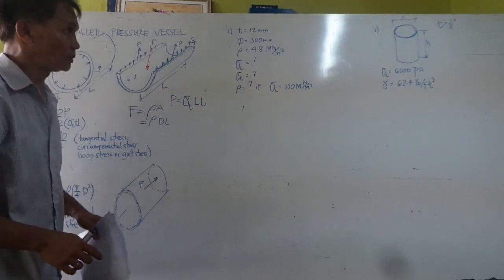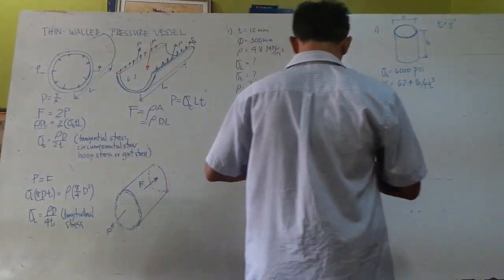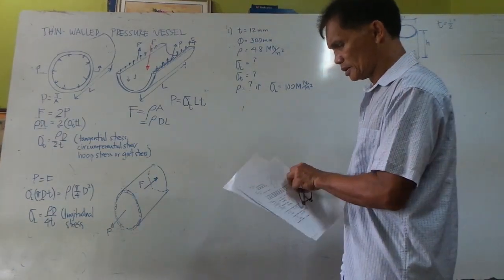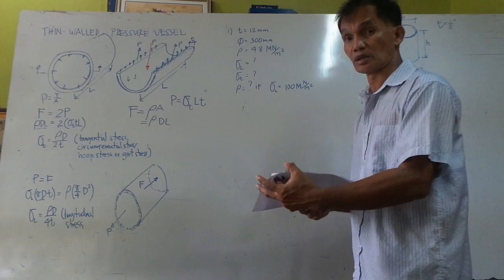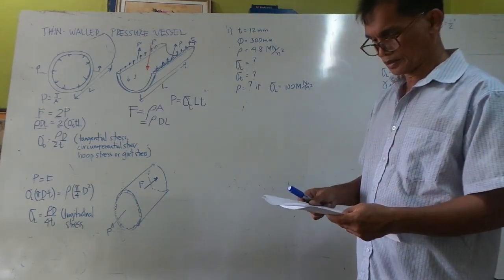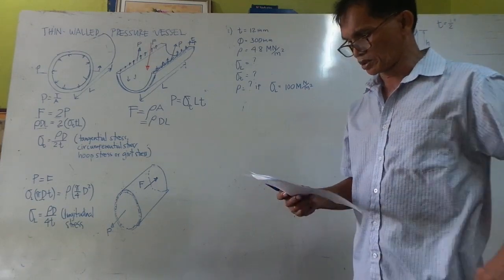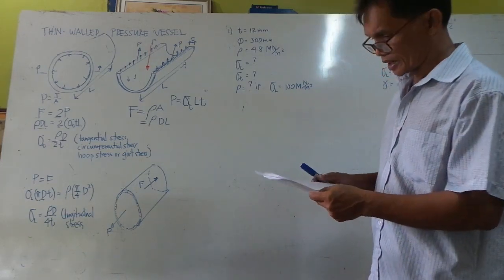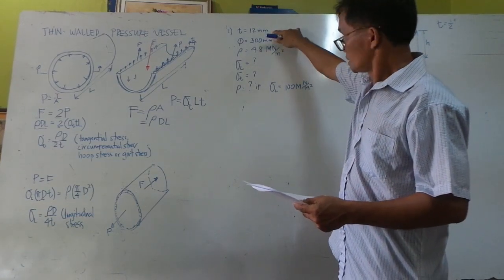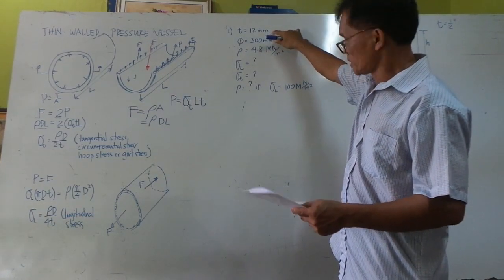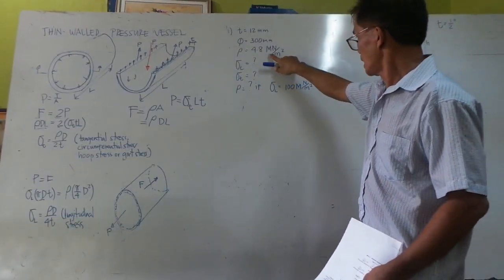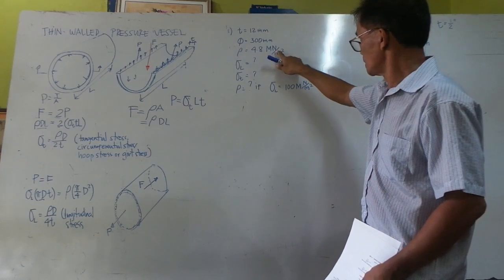Okay, so let us have our example number 1. A cylindrical steel pressure vessel has a diameter of 300 mm and a thickness of 12 mm, subjected to a unit pressure of 4.8 mega Newton per meter squared.